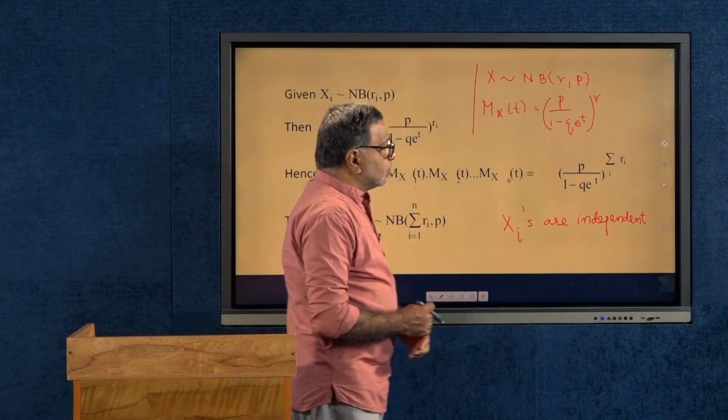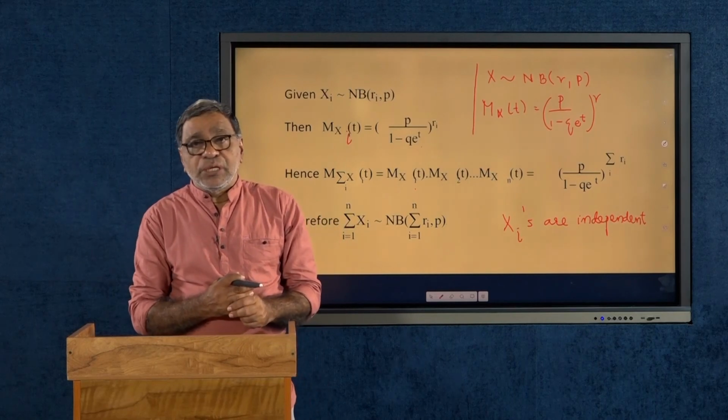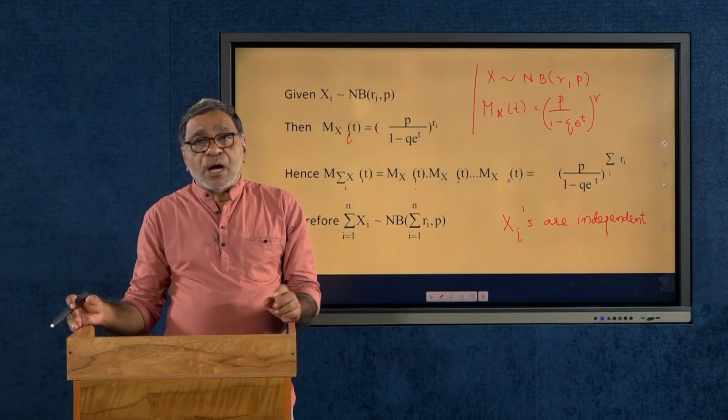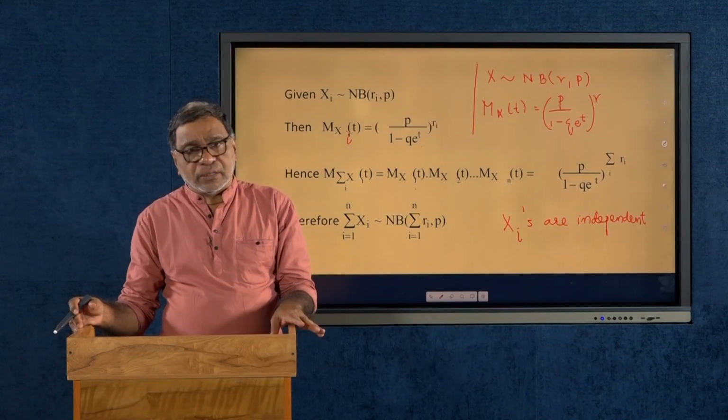Combining the factors, we have p divided by 1 minus q e power t all power r1 plus r2 plus etc. up to rn, or the sum of ri's.